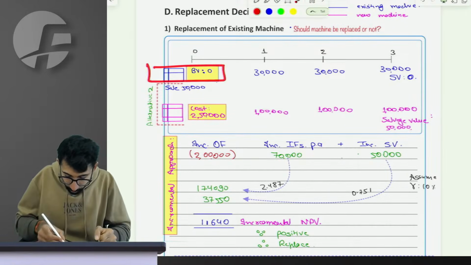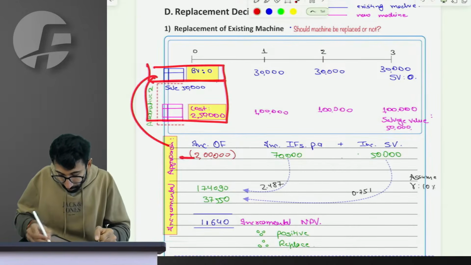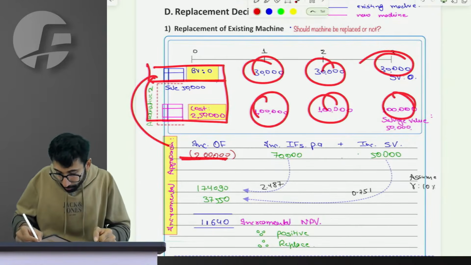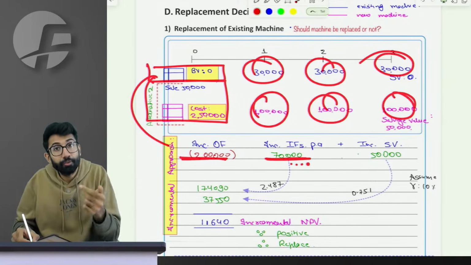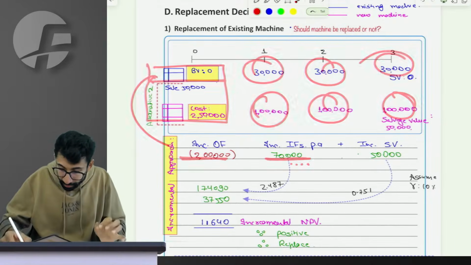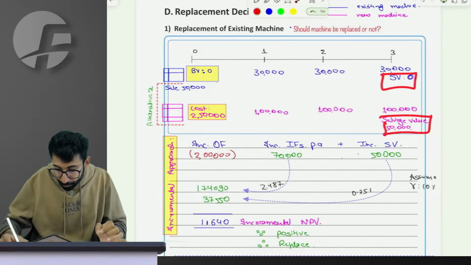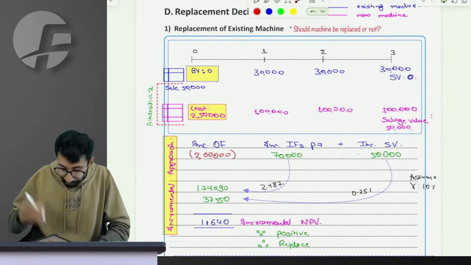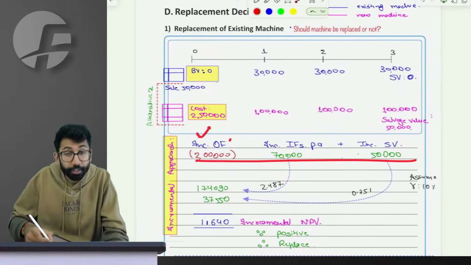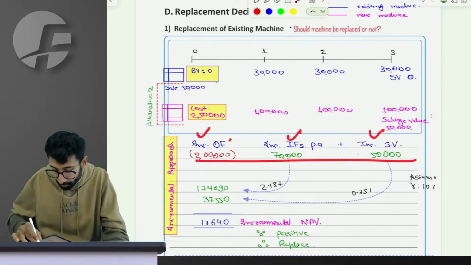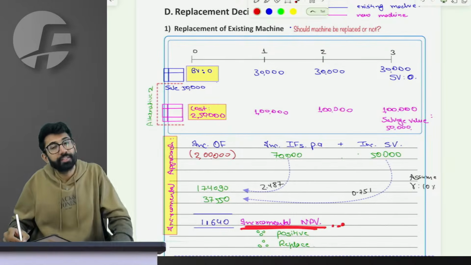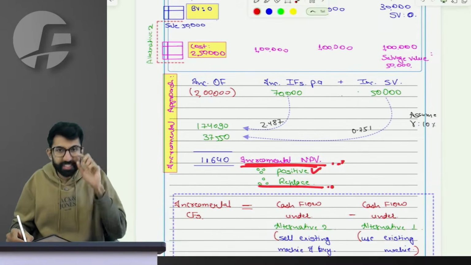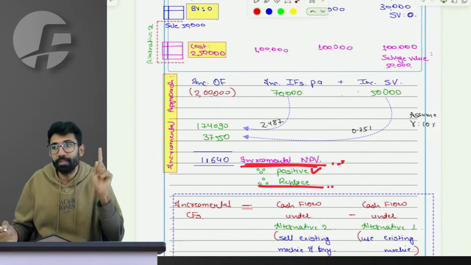Every year, how much is alternative 2's incremental inflow as compared to alternative 1? And terminally, how much is the incremental terminal value? If I calculate the NPV of incremental outflow and incremental inflows, the answer so arrived is incremental NPV, right? If it is positive, we say replace the machine. If it is negative, we say don't replace the machine.